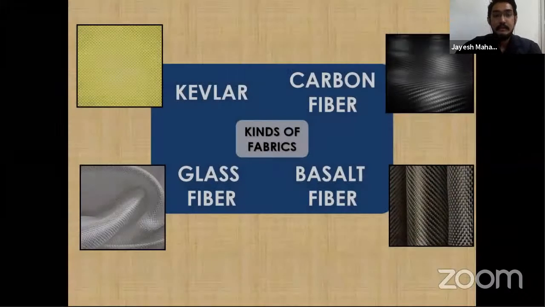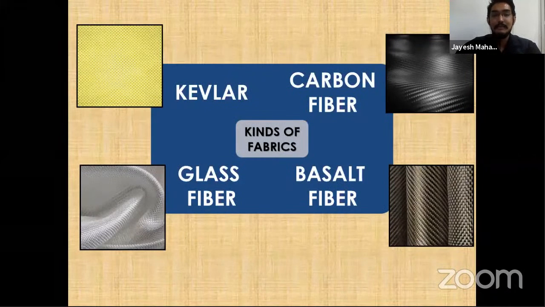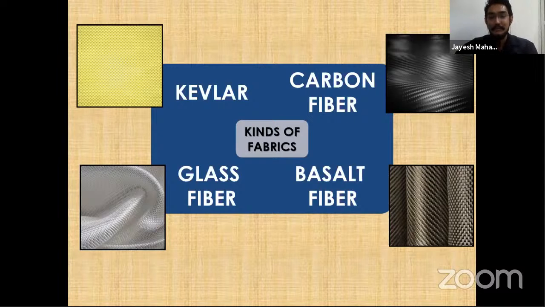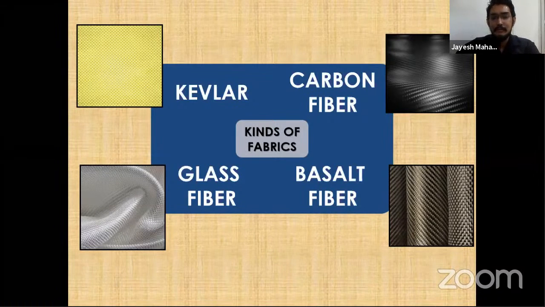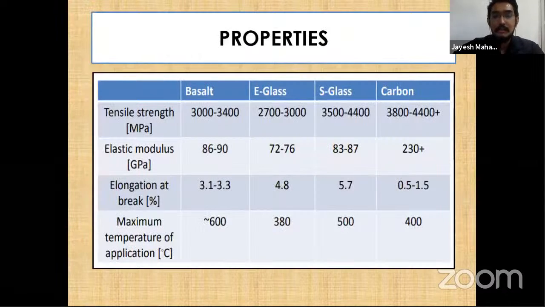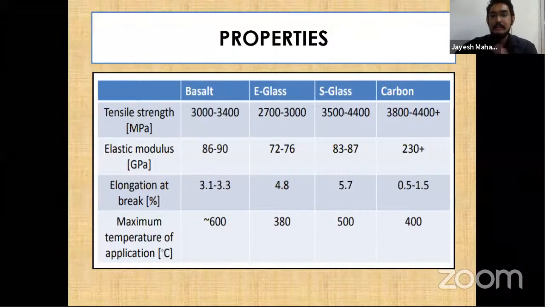Then these are a few common famous fabrics that we generally talk about in composites: carbon fiber, which you all know, glass fiber, Kevlar, and something called basalt fiber. Now we'll compare the properties of basalt, glass fiber, and carbon fiber. You can see the tensile strength of basalt fiber is somewhere between glass fiber and carbon fiber.